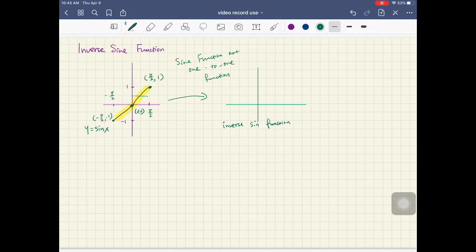So pi over 2, 1 becomes 1, pi over 2. Then 0, 0 is still 0, 0. And negative pi over 2, negative 1 becomes negative 1, negative pi over 2.